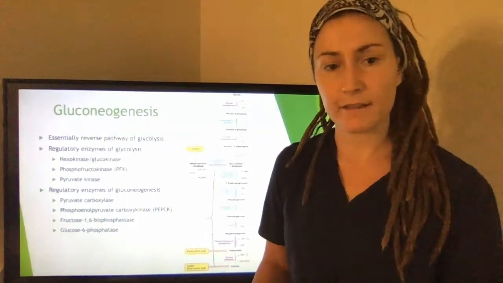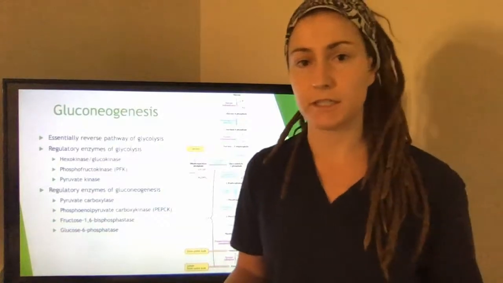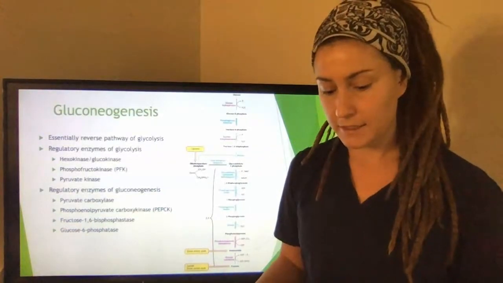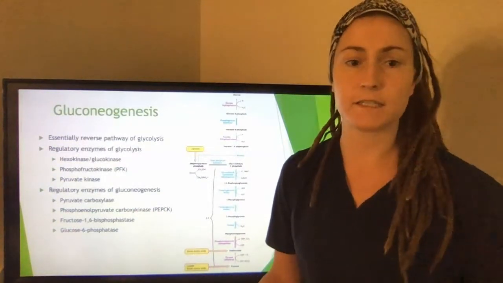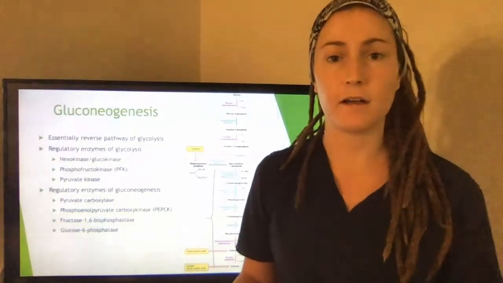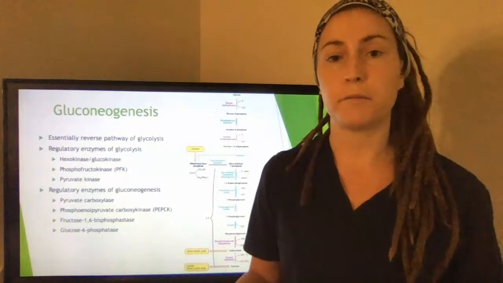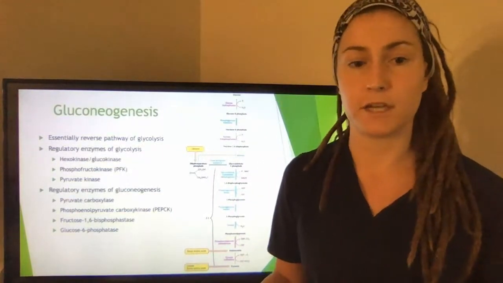So it's likely that this patient will have gluconeogenesis occurring, and because of that, we'll see some elevation in some of the regulatory enzymes in the body. We learned in Chapter 19 of the book that gluconeogenesis is essentially the reverse pathway of glycolysis. However, there are some irreversible steps of glycolysis that we need to overcome in gluconeogenesis.